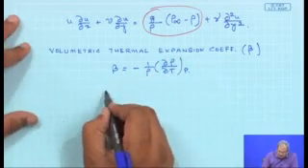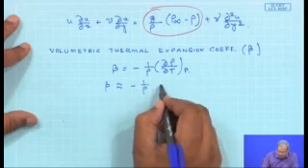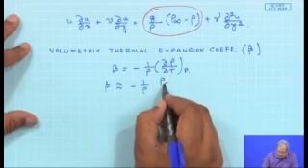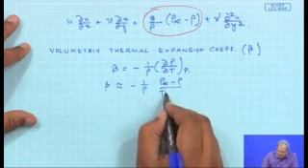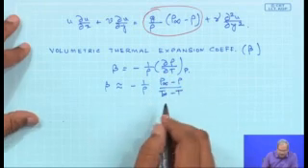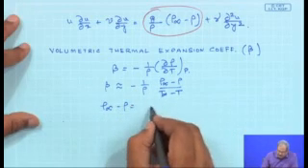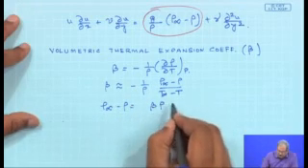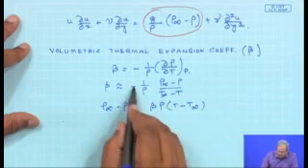So beta can also be approximated as -(1/ρ) (ρ∞ - ρ)/(T∞ - T). So therefore, this ρ∞ - ρ can be written as βρ(T - T∞), absorbing the minus sign in here.